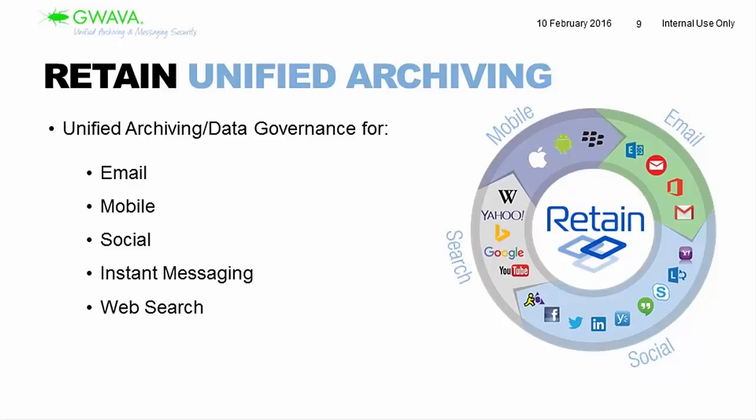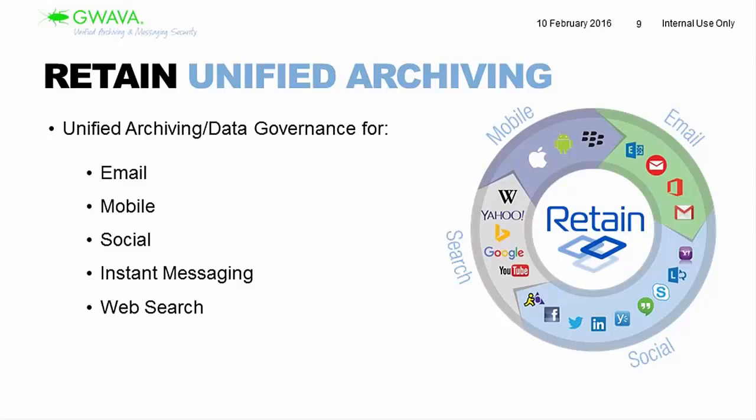It archives mobile communication for iOS, Android, and BlackBerry. And then it also does social media, instant messaging, and web search. And it's all in one central archive. Many other archiving solutions will have a separate solution for each one of these types of communication, where Retain has it in that one central archive. Plus, the monitoring and filtering is unique to Retain.